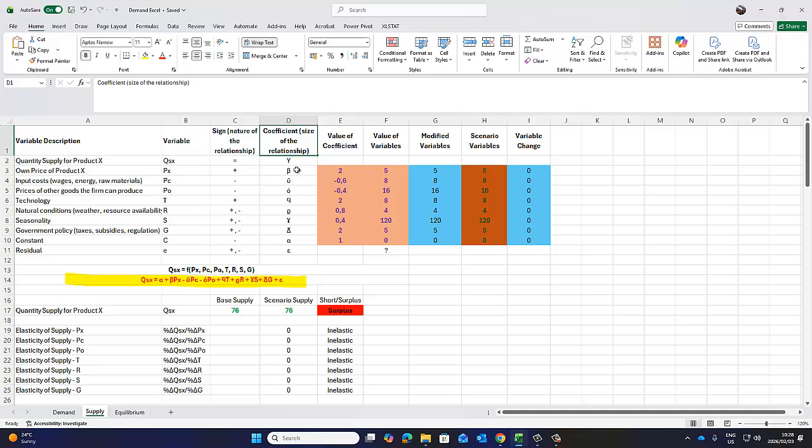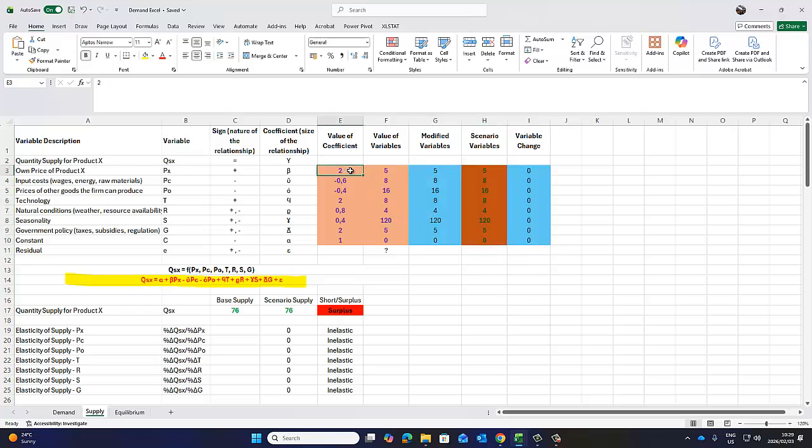More vague, if you want to call it vague, and vice versa. So this is quite important. So again, this is setting it up, and then we have to go and put values to our coefficients and then values to our variables, and we are off to the races.